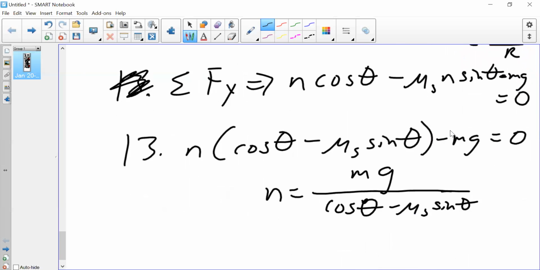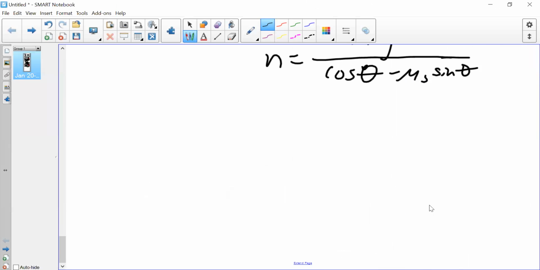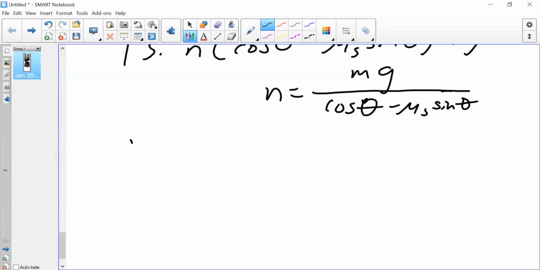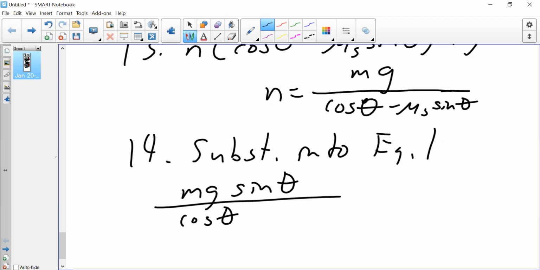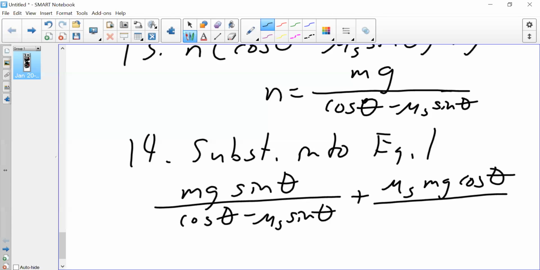These terms are reversed. Substitute into equation 1. So you can see it looks the same. It's just the signs are switching.